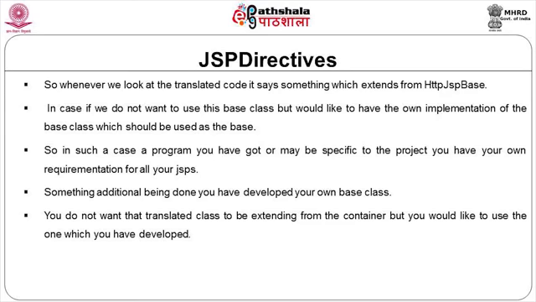Maybe in a particular project you have your own requirement for all your JSPs, something additional being done, and you have developed your own base class. You do not want the translated class to be extending the one from the container, but the one which you have developed.